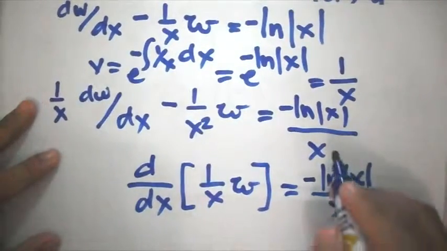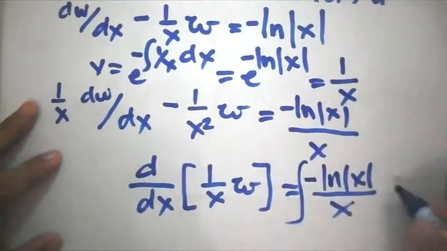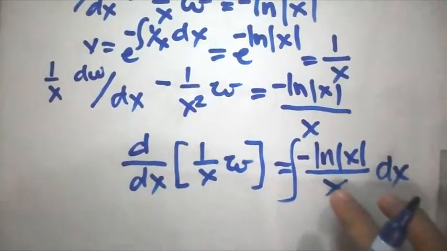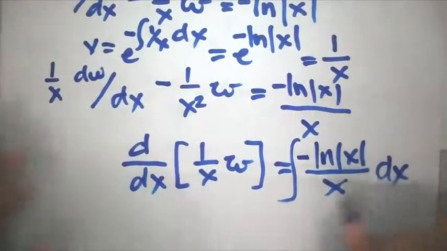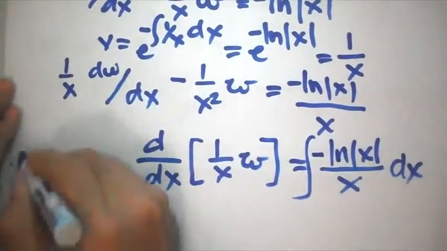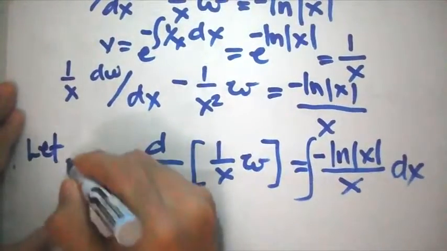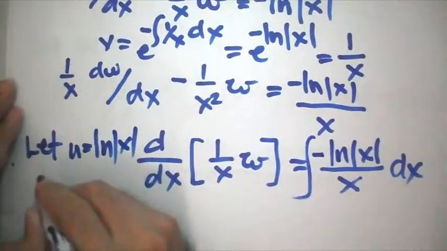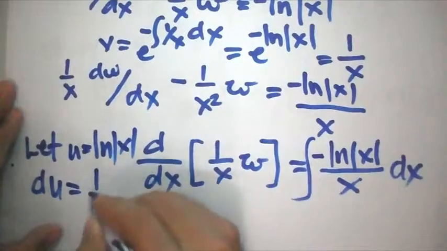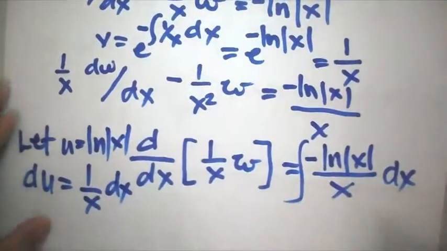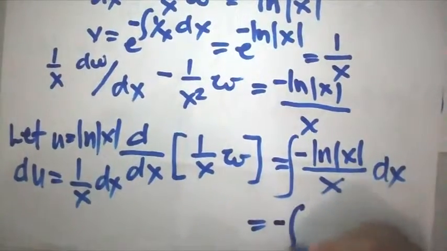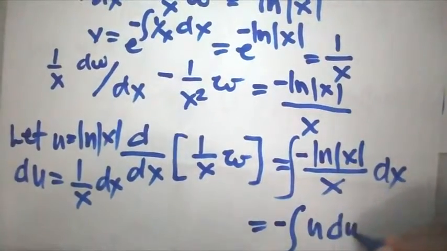Then integrate both sides by dx. Now to get the integral of this, we let u is equal to ln x. So du is equal to 1 over x dx. And now this will become negative integral of u du.